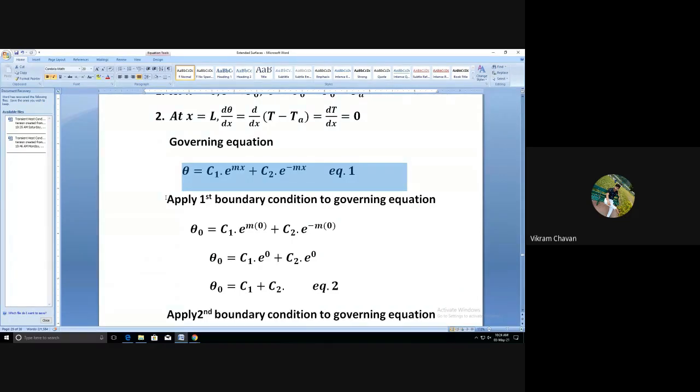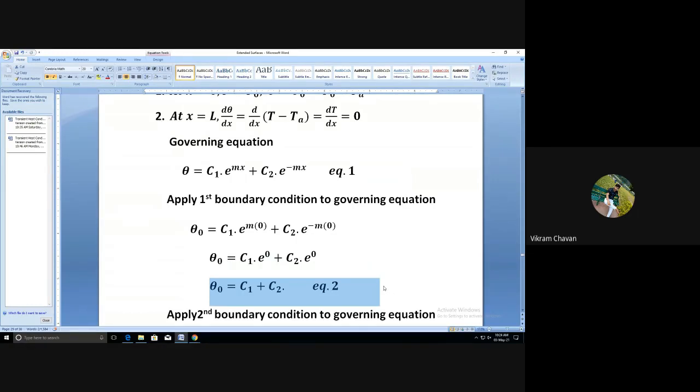So we get theta naught is equal to c1 multiplied by e raised to m multiplied by 0 plus c2 multiplied by e raised to minus m multiplied by 0. Then theta naught is equal to c1 multiplied by e raised to 0 plus c2 multiplied by e raised to 0, which provides theta naught is equal to c1 plus c2.